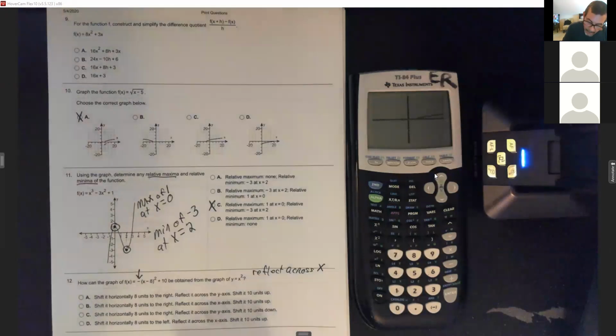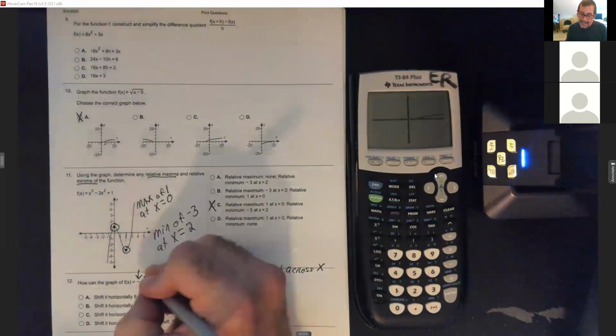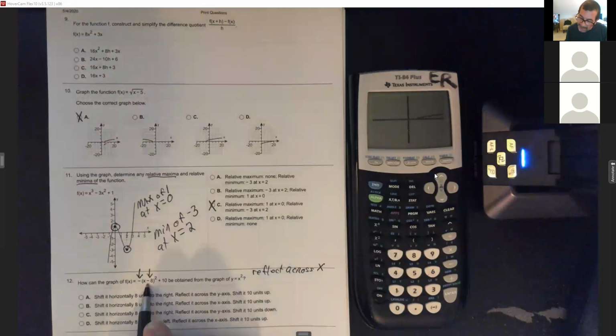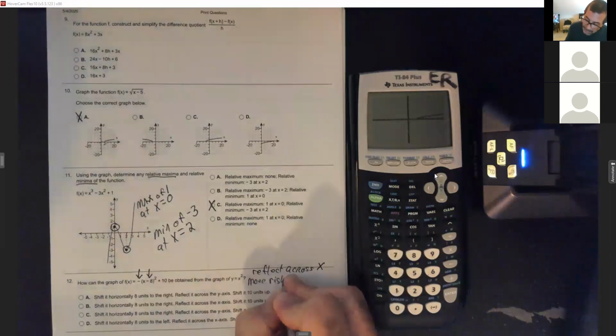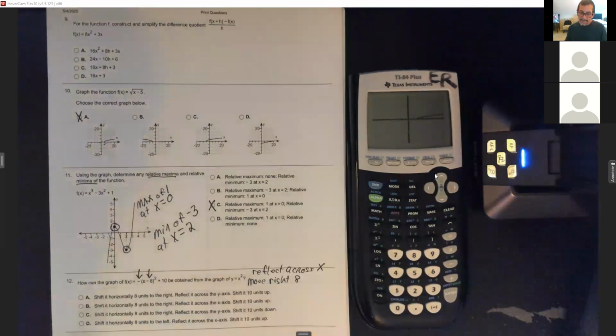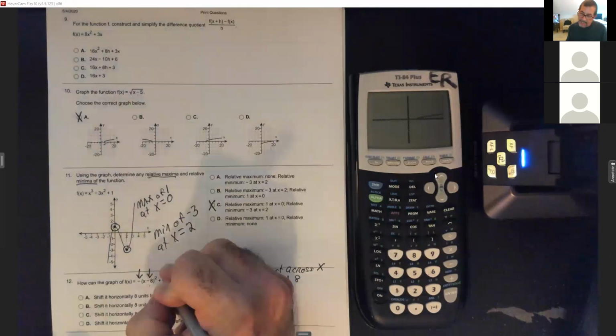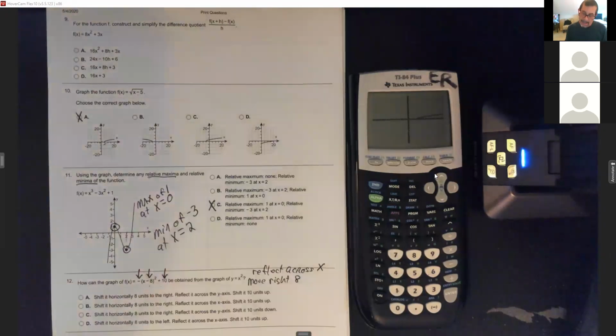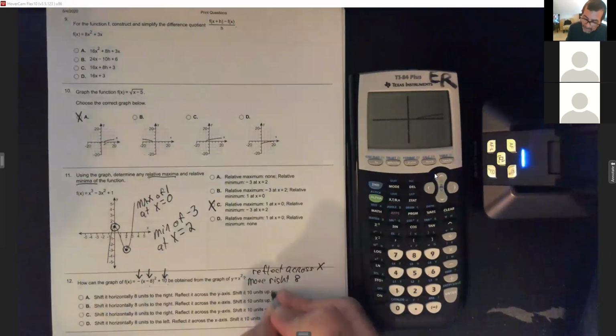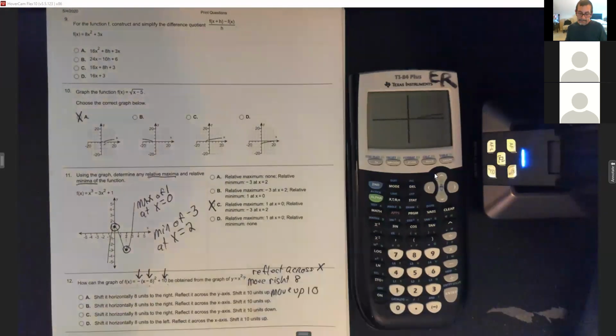All right, next move is that negative 8. Since I'm attacking the x and subtracting 8, it's actually going to move me to the right 8 units. So it's always opposite on that. And now that plus 10 goes up or down, and since that's positive, it will move up 10 units.